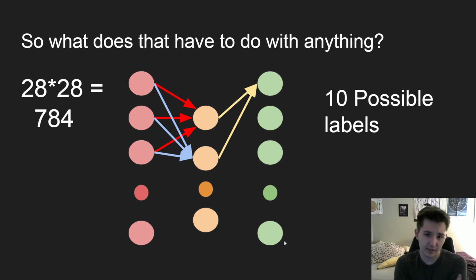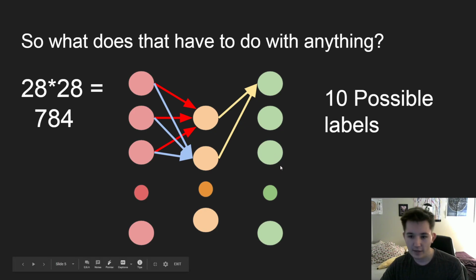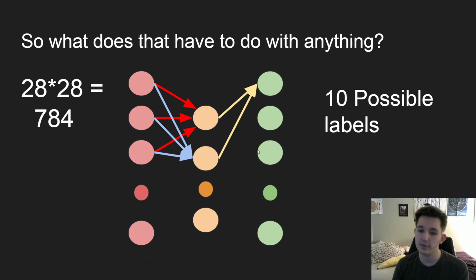You might be thinking, if you are ahead of me on this, that we could just have a single output and have it correspond to the label of the data. So if we put in an image of a 9, we could have a single node here that we would want to output a 9, and we just optimize it to do that. The problem with doing this is that by its nature, doing that is then saying that an 8 is close to a 9, or that a 1 is close to a 2, and that a 0 is very far from a 9.